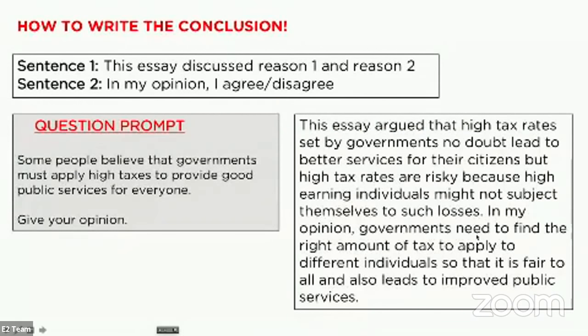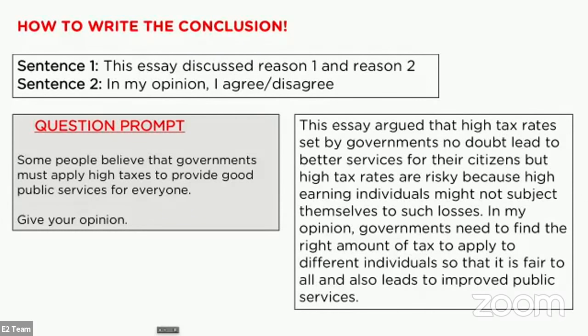So our conclusion is going to have two sentences. Sentence 1 will say, this essay discussed reason 1 and reason 2. In my opinion, I agree or disagree. Mine says: this essay argued that high tax rates set by governments no doubt lead to better services for their citizens, but high tax rates are risky because high earning individuals might not subject themselves to such losses.